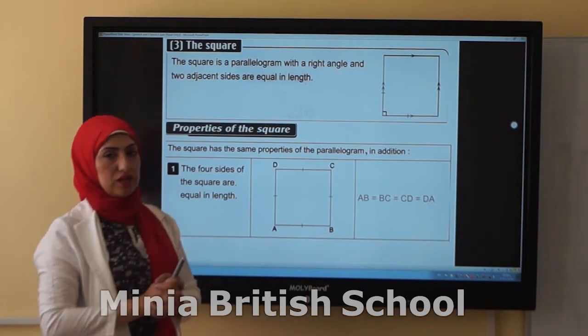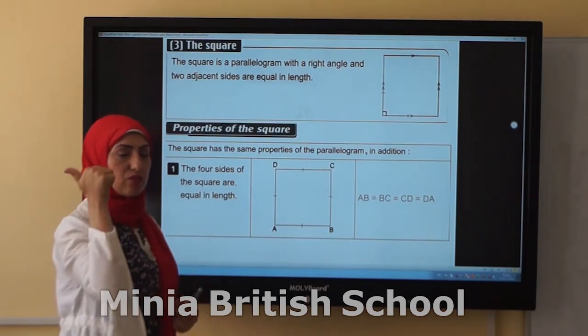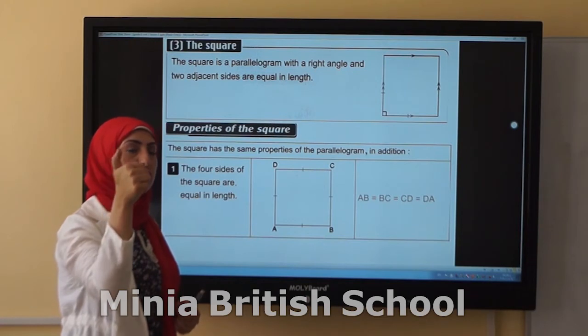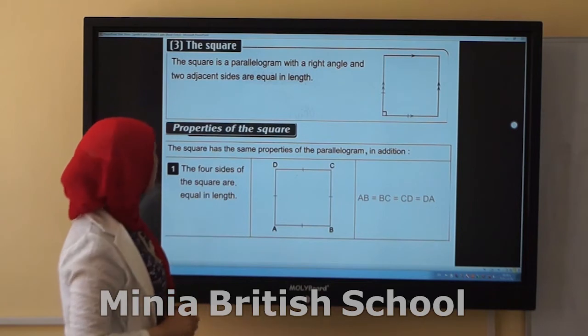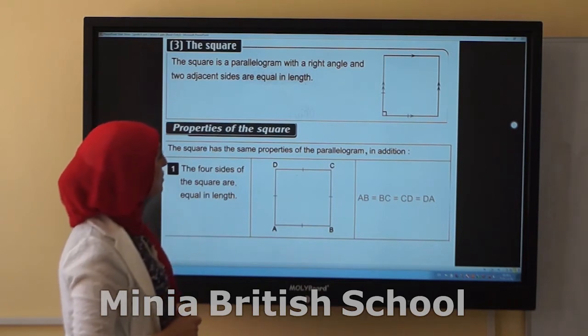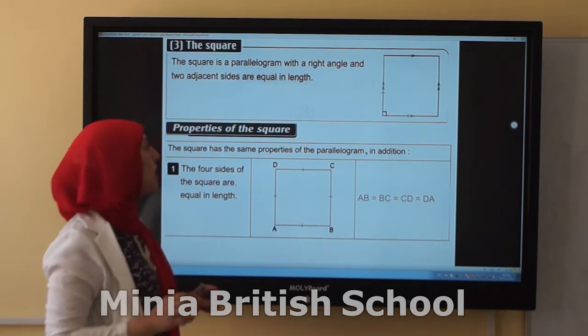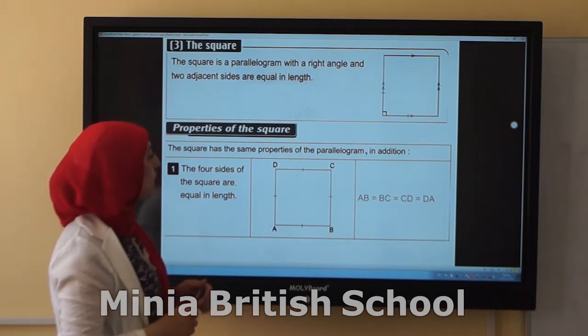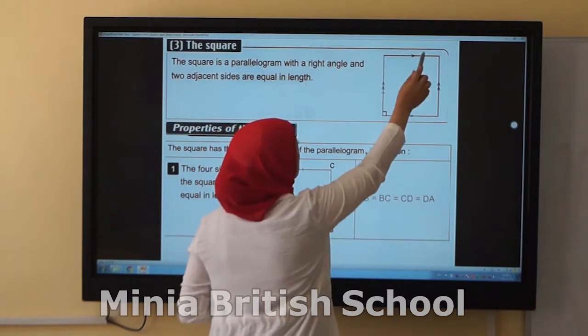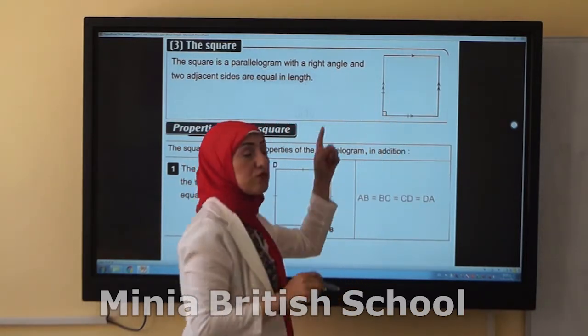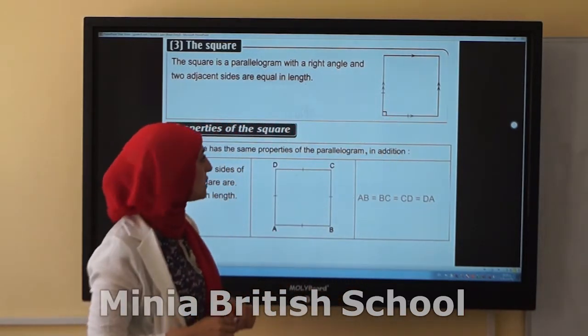Let's see the square. We studied the rhombus and the rectangle. Now the square. The square is a parallelogram with a right angle, and the two adjacent sides are equal in length. Okay? The four angles are right angles.